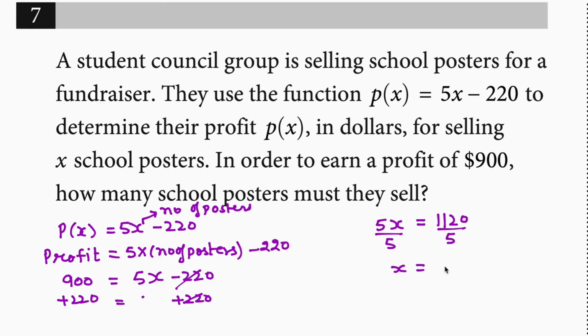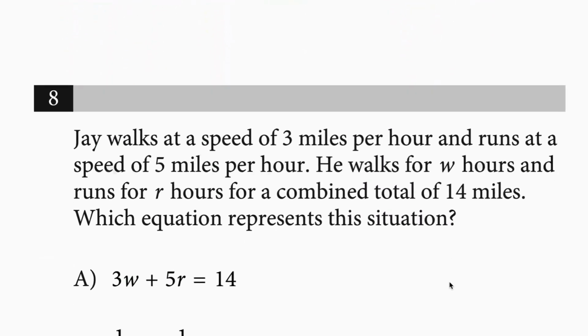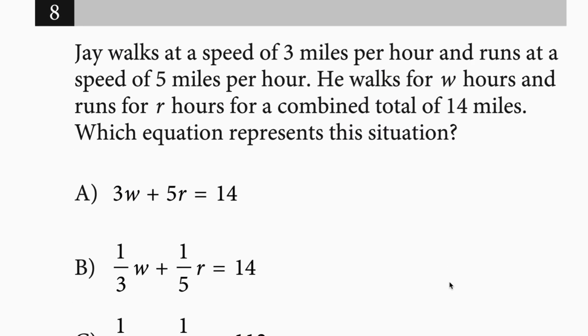So x is equal to 224. So that means if they need to earn a profit of $900, they have to sell 224 posters. So it's a real life situation. Great. Next, let's come to question number 8.